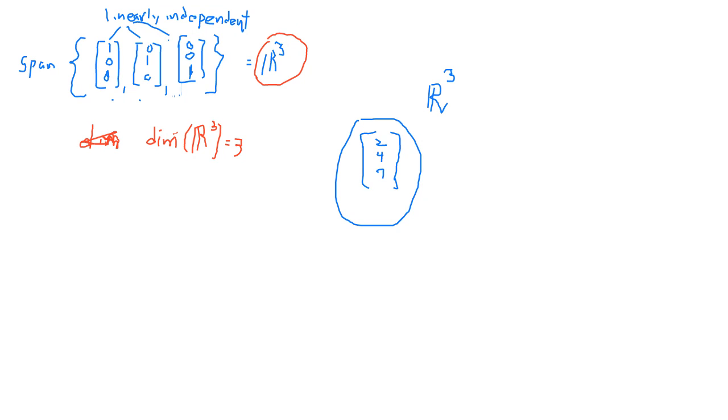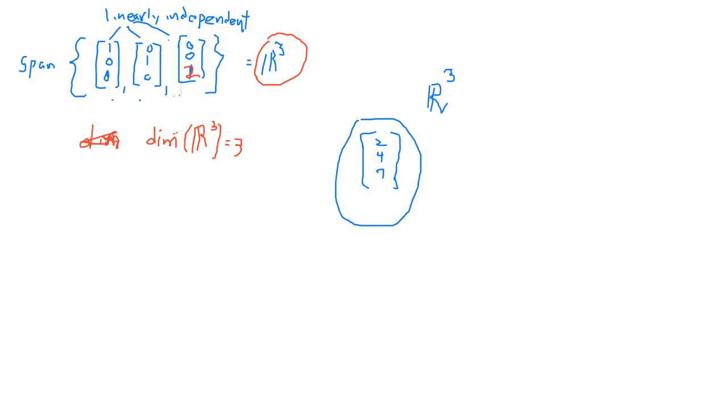Are there any questions? I have a question for you. What if I change that third vector to 0, 0, 2 instead of 0, 0, 1?